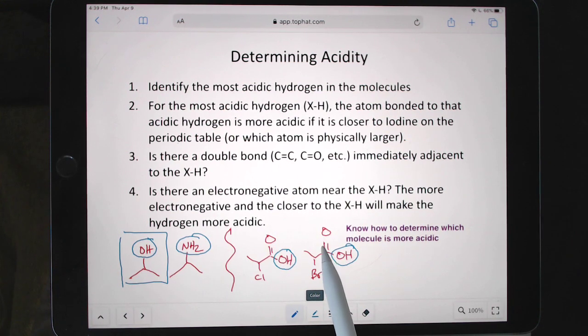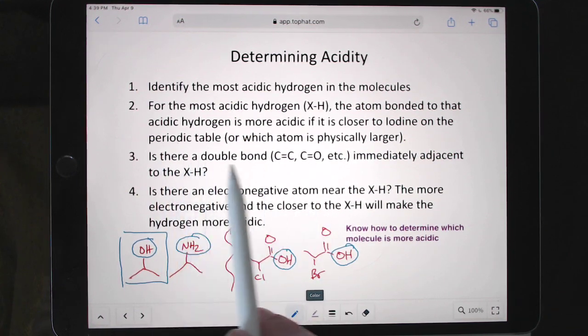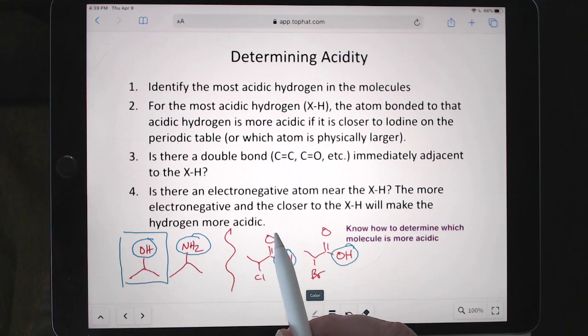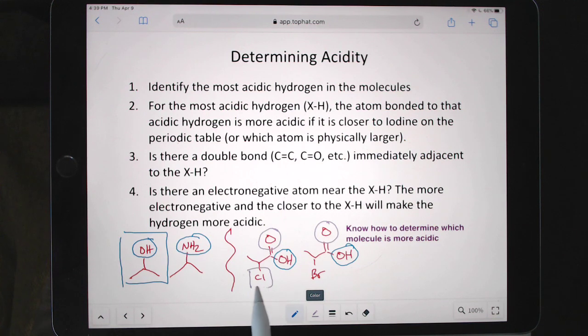Yep, they have pi bonds next to it, so they both tie on number 3. Number 4 is electronegative atoms. They both have an oxygen, so that's electronegative, but they also have a chlorine versus a bromine. Now, which one of these is more electronegative? Chlorine is closer to fluorine on the periodic table than bromine is. So that means this is more electronegative, which means this is going to have a bigger effect on this OH. And so in this case, this one here is the more acidic.